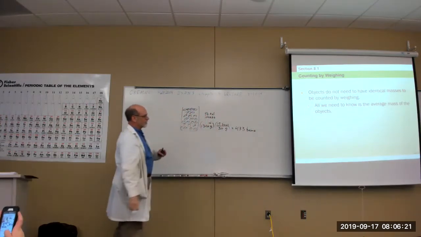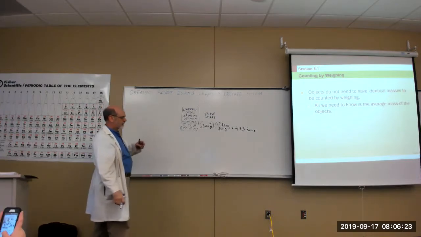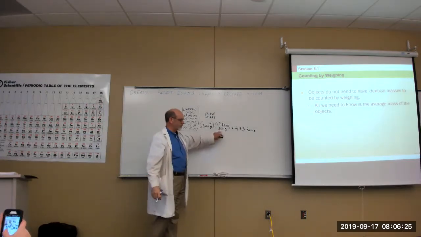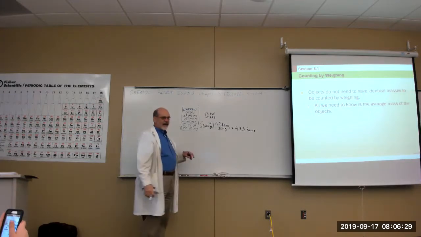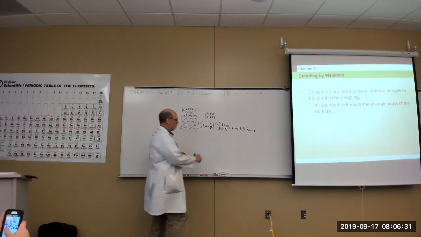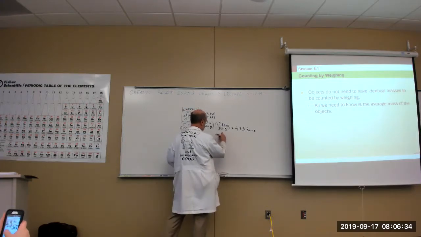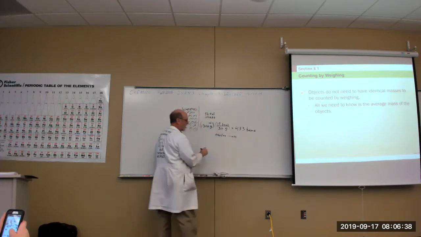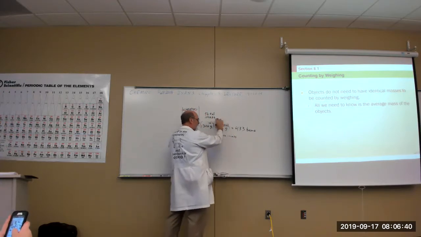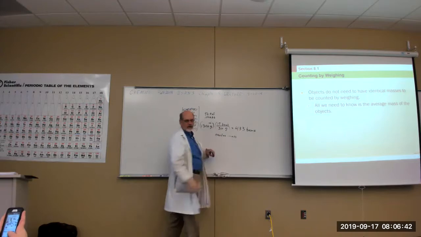So that's the concept of counting by weighing. You need to know this conversion factor. That conversion factor for atoms is called molar mass. Molar mass tells us that so many atoms weighs so much.